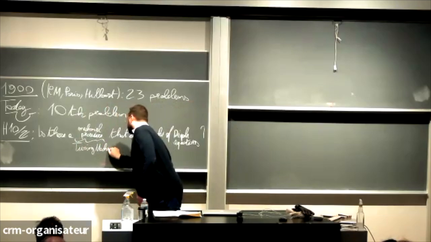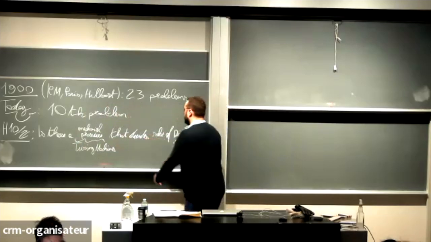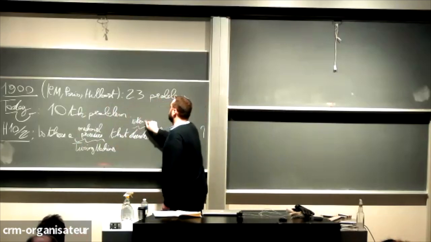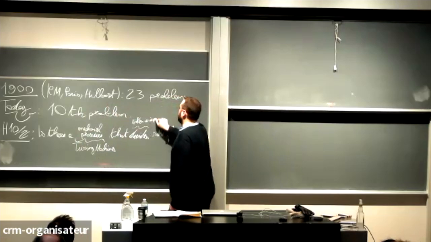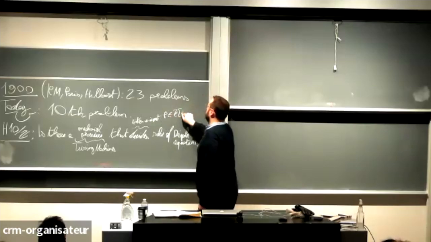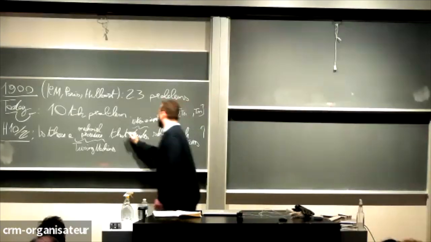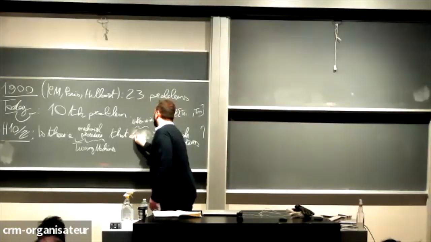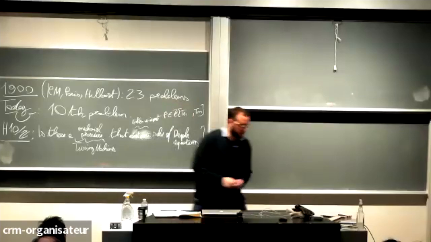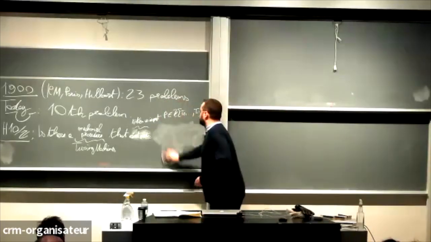So is there an algorithm that takes as input a polynomial p in any number of variables x1, ..., xn, and outputs yes if there is a Z point and no if there is no Z point?